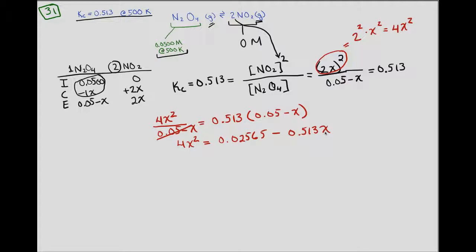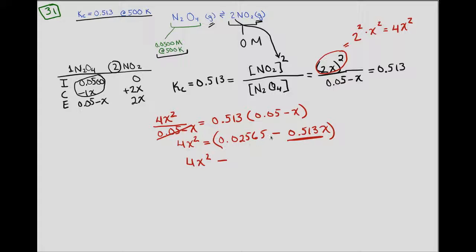Now, we're going to move everything on the right side over to the left side, and we're going to do that by subtracting it. So we subtract this whole thing from itself, and it's going to give us a 0. So we have 4x squared minus this whole thing here, and we're going to put the component with the x first.